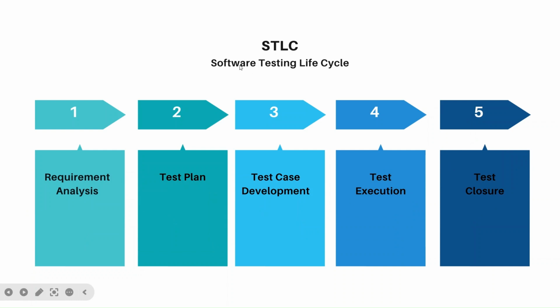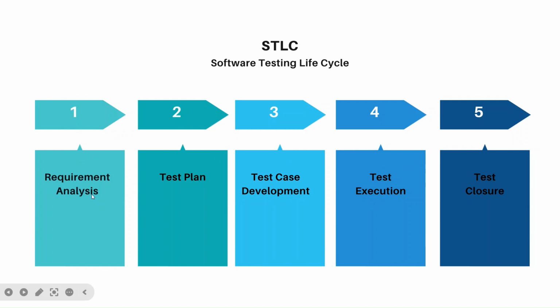And the next one is STLC. Here, the first step is requirement analysis, the second step is test plan, the third is test case development, the fourth is test execution, and the last one is test closure. So these are the five steps involved in the STLC lifecycle.